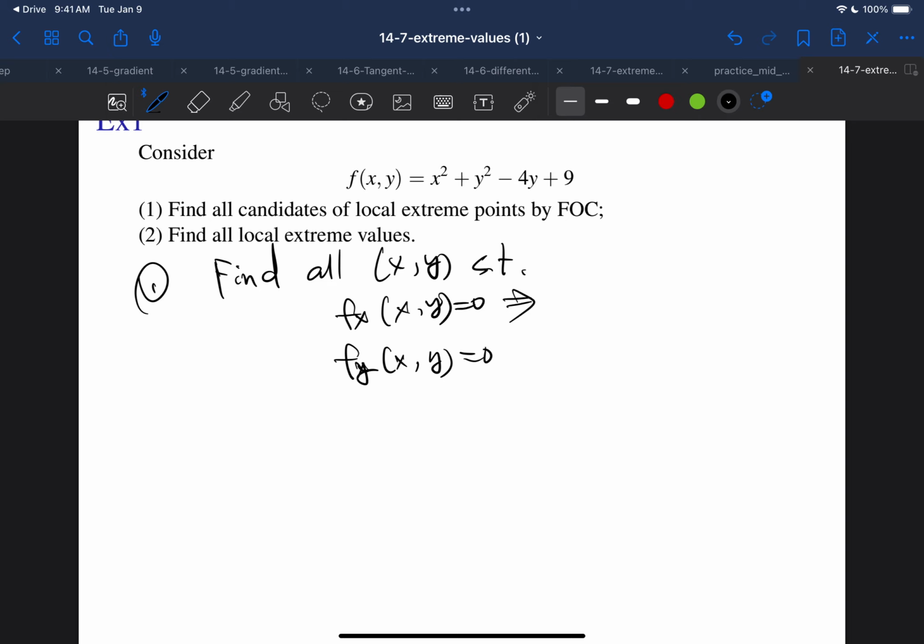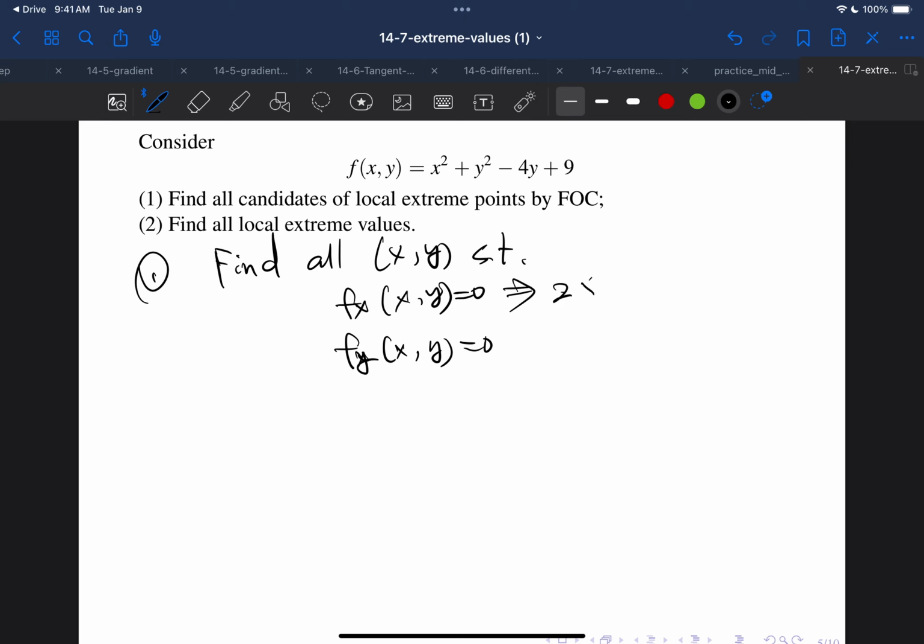Here, the partial derivative f_x is 2x minus 2x, and the other three terms are 0, so it equals 0, which means x equals 0. Now for f_y, this is 2y minus 4 equals 0, so y has to equal 2. So the candidate for local extreme points is (0, 2). There's only one.